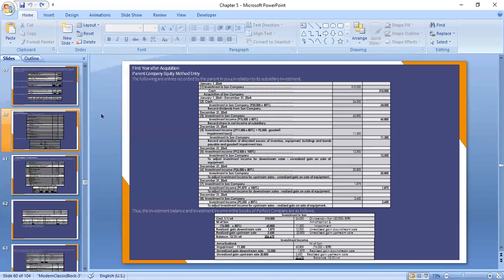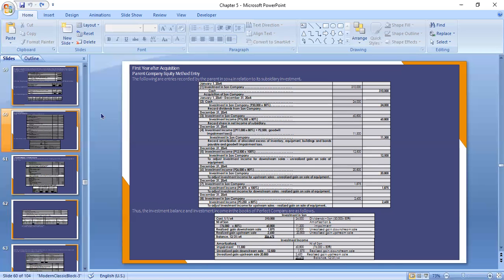So we have now the investment account. So we have now the cost of 310,000. Then we debit the net income of subsidiary, and for realized gain, you debit investment, and for the realized downstream and upstream sale.